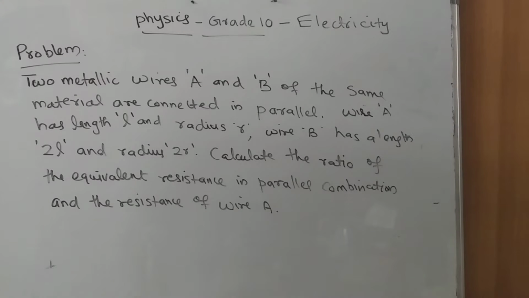So the length and radius of A and B are not the same. Exactly, the length of B and the radius of B are double those of A.